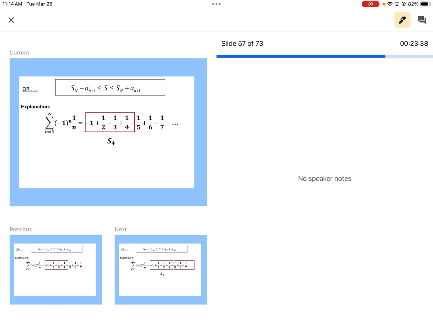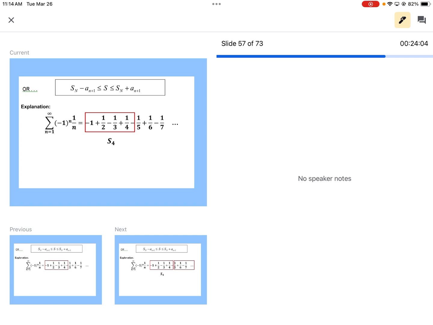So this is what this tells us, the paragraph above. If this is truly an alternating series, terms are decreasing in magnitude, this estimate is only going to be off from the actual true sum by less than the next omitted term.